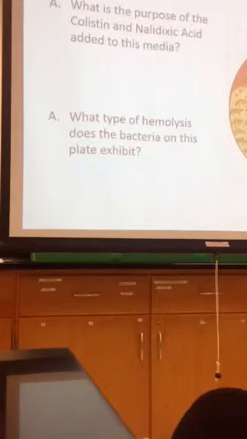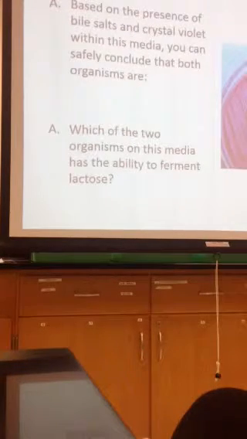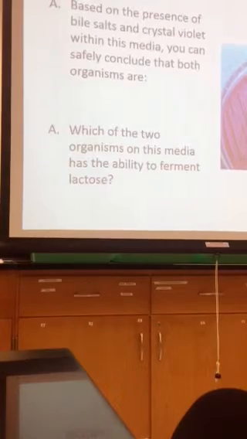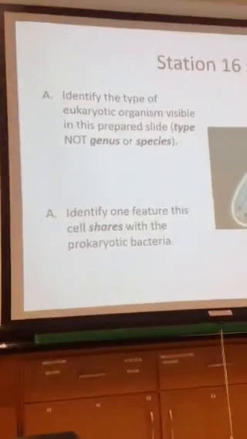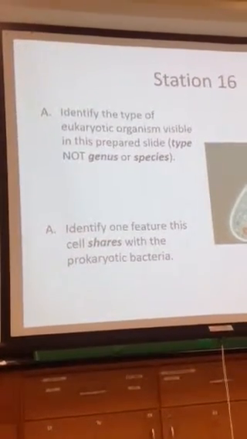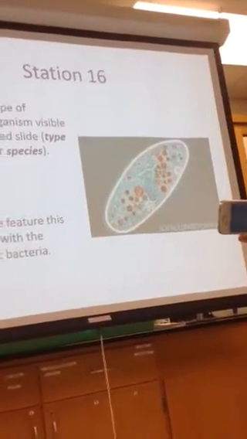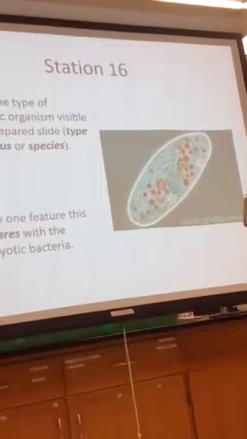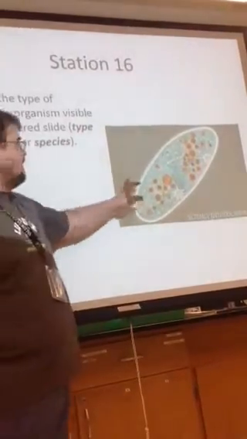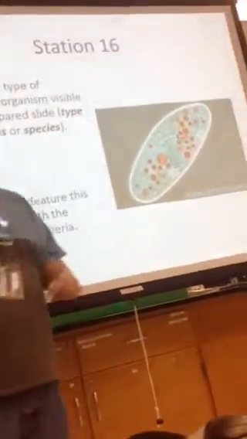What else do we have here? You don't have to worry about this one. Don't have to worry about this one either. Okay. What kind of organism is this? This is not endospore. This is a really big one. You see how it's got all these cilia on it?